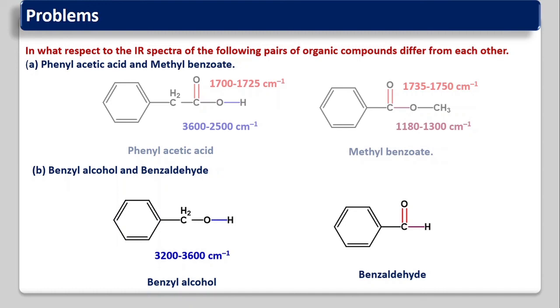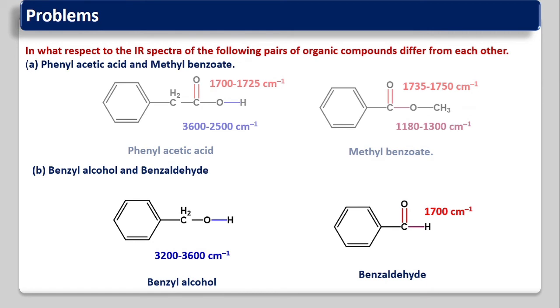While benzaldehyde contains a carbonyl group, the aldehydic carbonyl group absorbs near about 1720 centimeter inverse. But this is a conjugated aldehyde, alpha beta unsaturated aldehyde, so it will absorb slightly less than 1720, that is 1700 centimeter inverse.